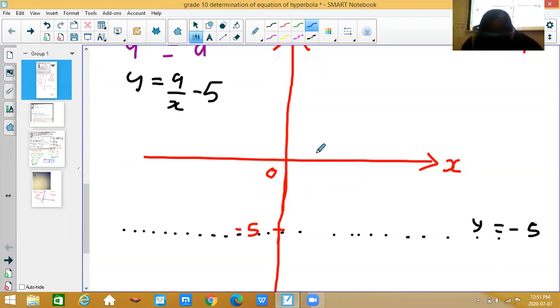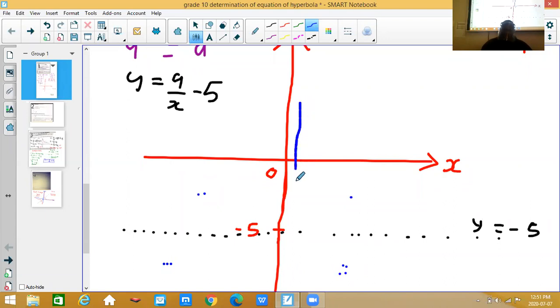We are saying first, so it must be in this quadrant.